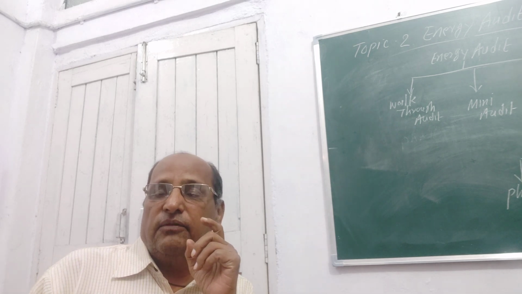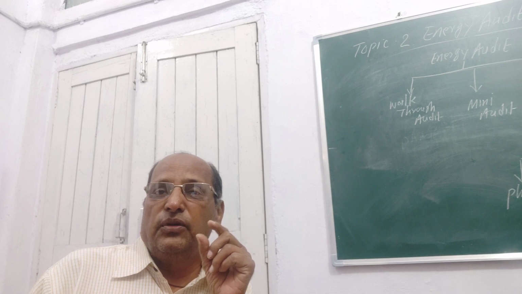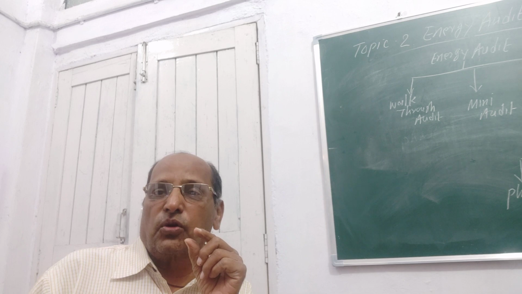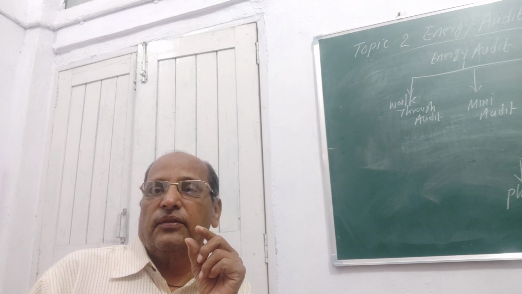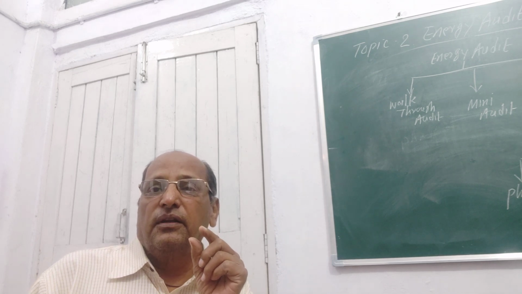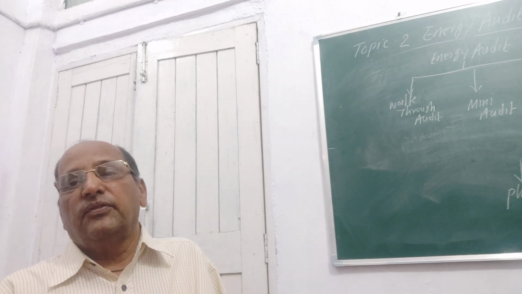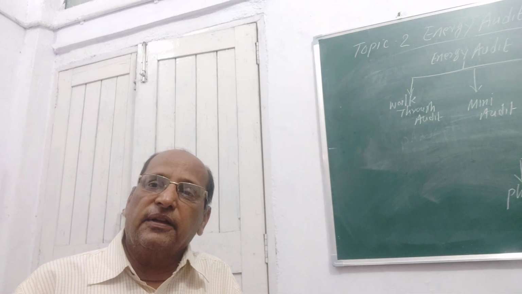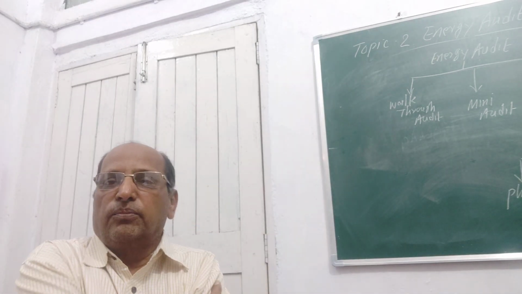So wherever you find the possibility of saving energy during the process, you have to write down in your note or in your diary that these are the places where energy conservation is required, means where energy can be saved by applying certain energy conservation equipments.